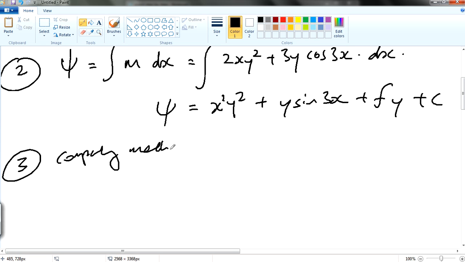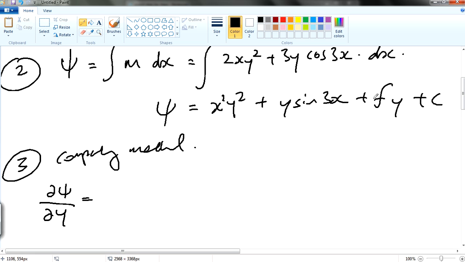If you take the partial of xi with respect to y, just take note that because you integrate M in terms of x, you get the original equation, which is free of dx and dy. Then you differentiate in terms of y.